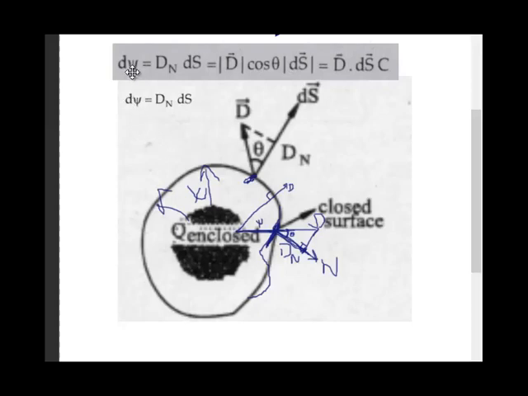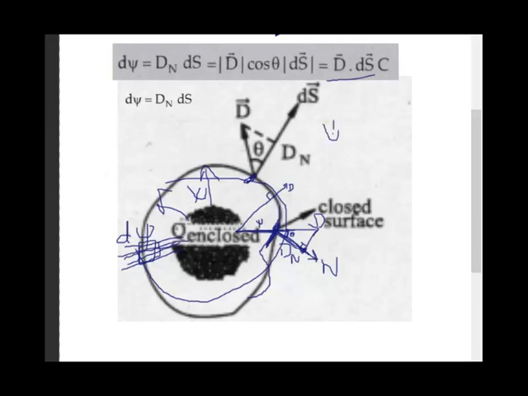So differential psi is nothing but the flux, the number of flux lines coming out from the differential surface. If I mark a small area here as differential surface ds, then whatever flux comes out from this differential surface will be dψ. So dψ is given by D dot ds. If I want to calculate the complete psi that comes out from the closed surface, then I have to integrate over the closed surface, which means surface integration.